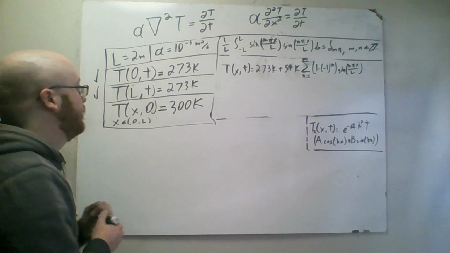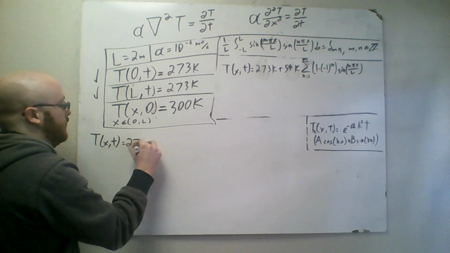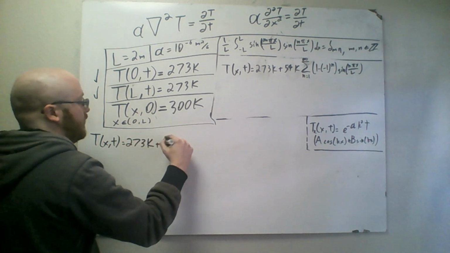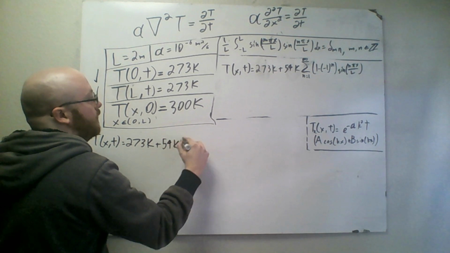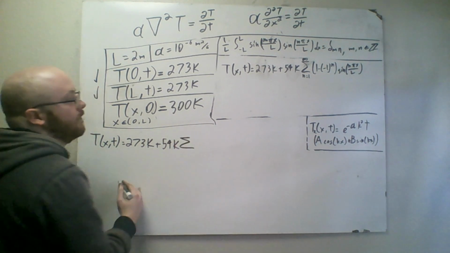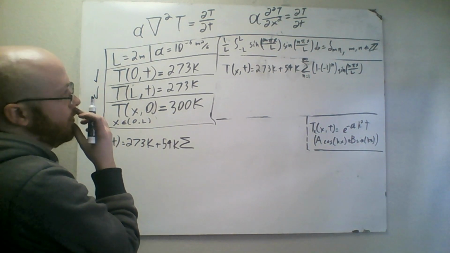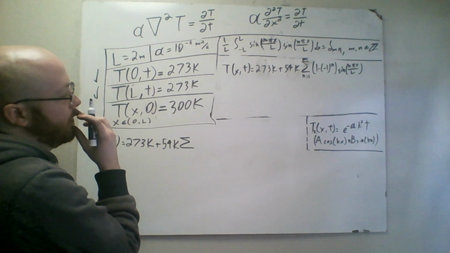So yeah, I'm just going to read. So T equals 273 Kelvin plus 54 Kelvin times. So, hold on. Does that actually work?